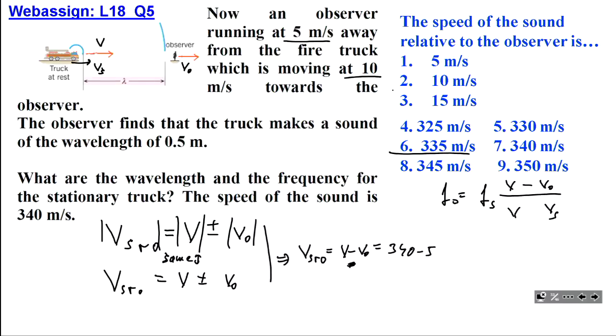And for the source part, actually a minus as well, because the wavelength in front of the source shrinks, we should decrease the denominator. And the second equation relates the speed of the sound relative to the observer, the wavelength of the sound measured by the observer, and the frequency of the sound relative to the observer.